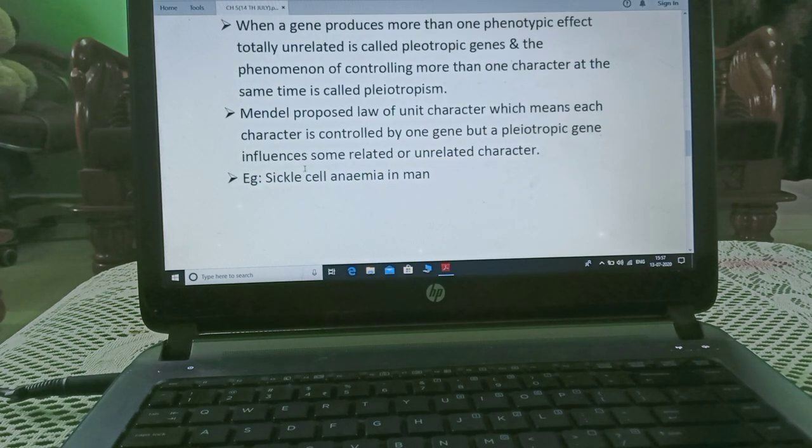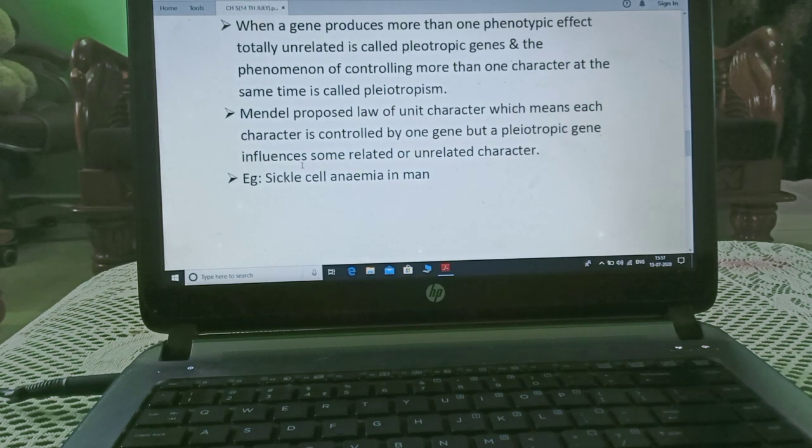Mendel proposed the law of unit character, which means each characteristic is controlled by one gene, but a pleiotropic gene influences some related or unrelated characters.